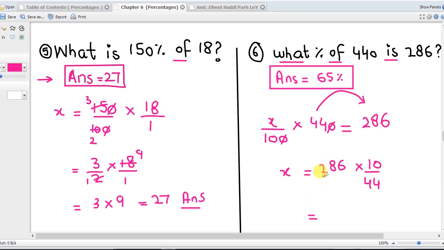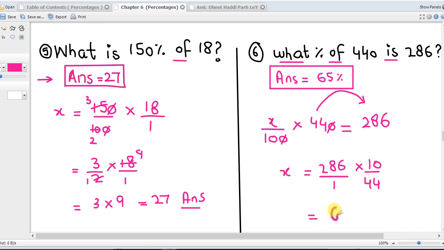And then we have is, if there is no number at the bottom, it carries a value 1. So now you just need to solve these values. So 286 times 10 will give you 2860 and divided by 44. 2860 divided by 44.